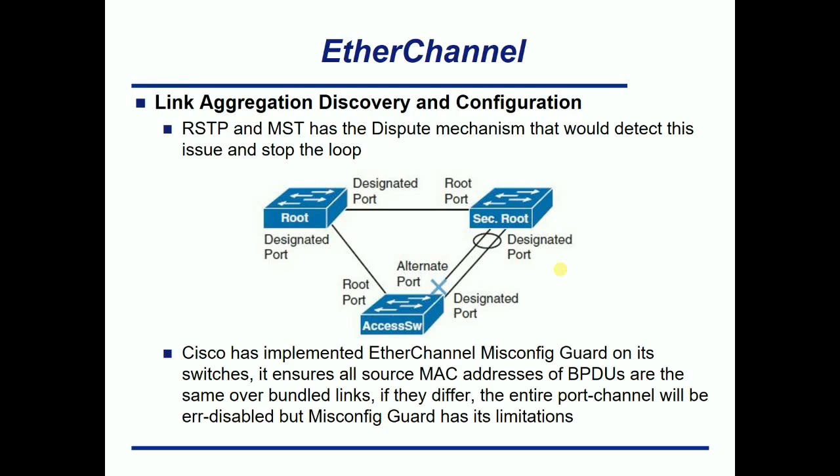Cisco has implemented EtherChannel misconfig guard on its switches, and it ensures all source MAC addresses of BPDUs are the same over bundled links. If they differ, then the entire port channel will be error disabled, but misconfig guard does have its limitations.